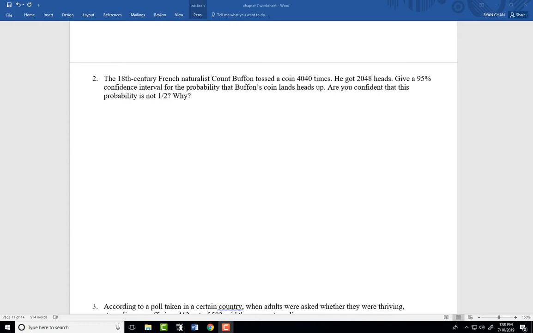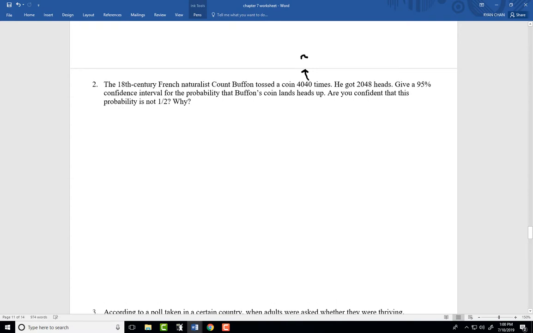Let's take a look at number 2 here. It says the 18th century French naturalist tossed a coin 4,040 times. So we should realize this is n. And he got 2,048 heads. Give a 95% confidence interval that it lands heads up.